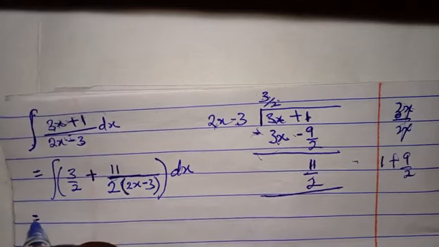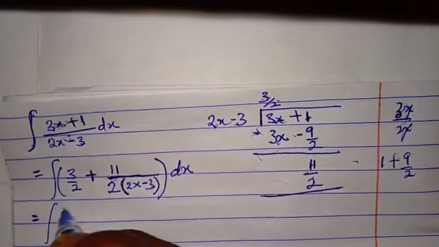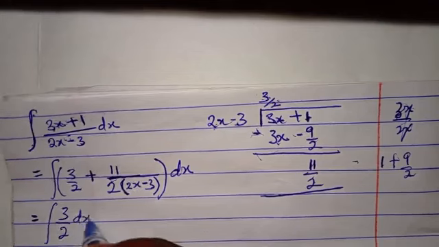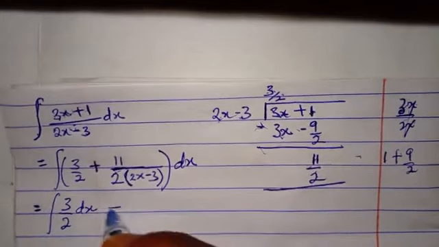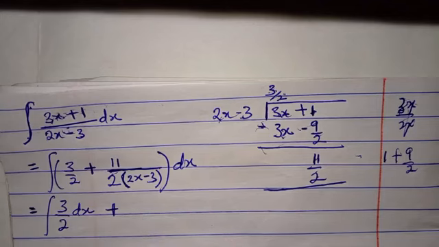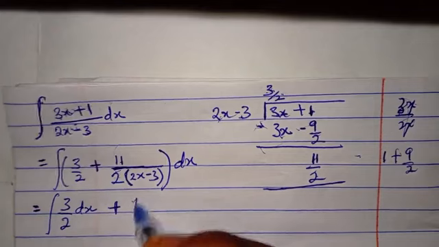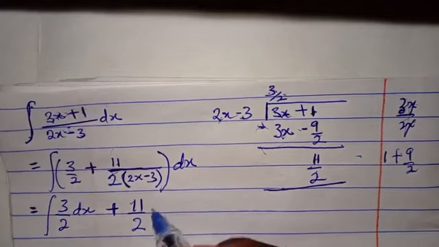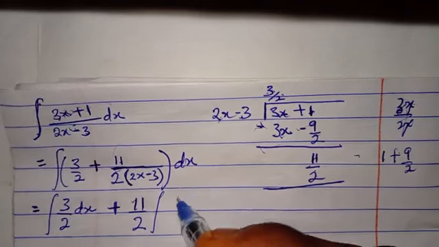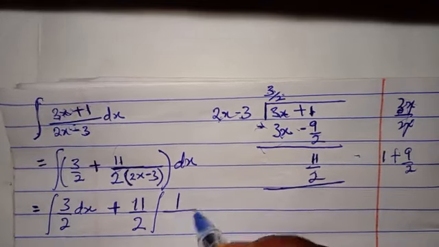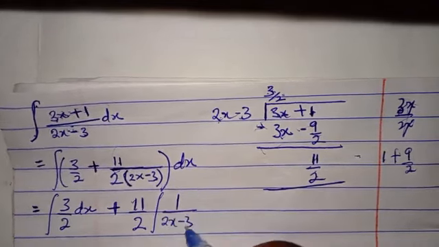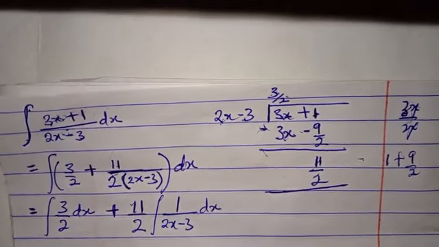This is simple. If we split it to be the integral of 3 over 2 dx, right, plus, if I'm taking the integral of this, I want to bring 11 over 2 out because it's a constant. 11 over 2 into the integral of, we now have 1 all over 2x minus 3 dx.